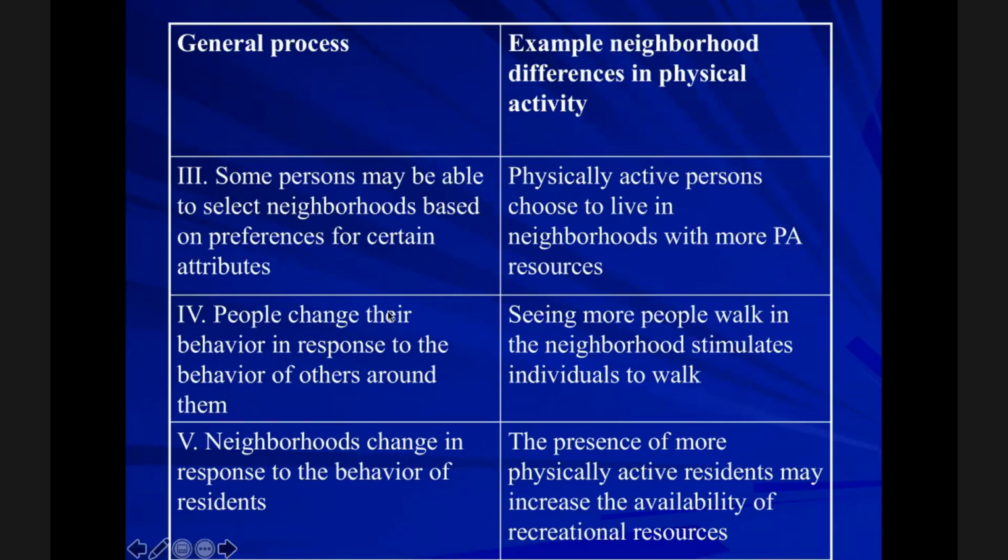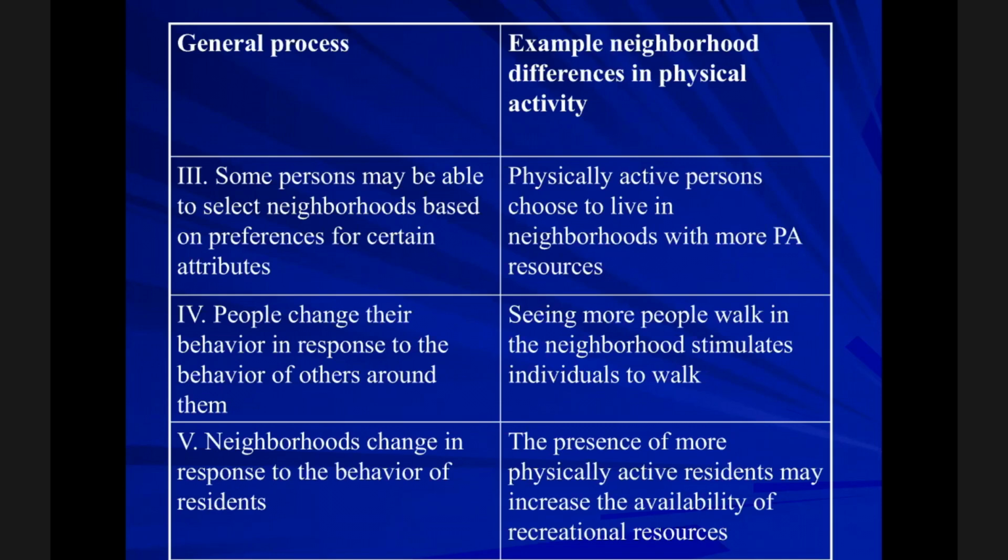Some people, not everyone, but some people may be more able to select where they live based on preferences for certain attributes. People may also change their behavior in response to the behavior of other people around them. This is very much connected to the social network conversation we were having earlier. And neighborhoods themselves can change in response to what's happening to the behavior of residents and to the perceptions of other agents.